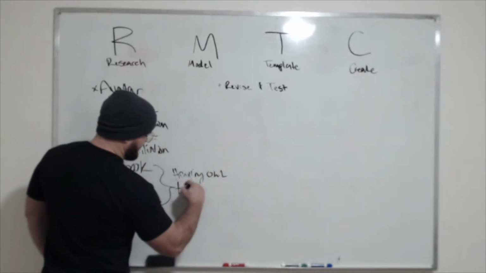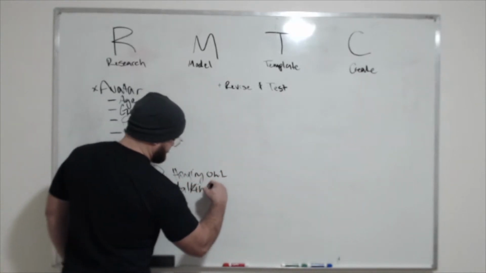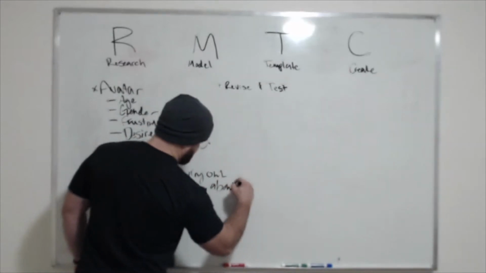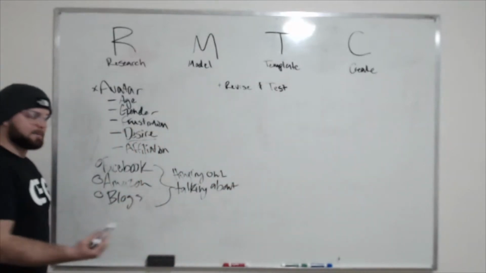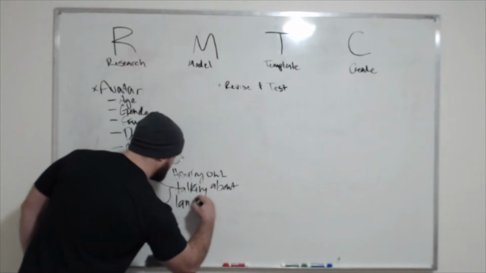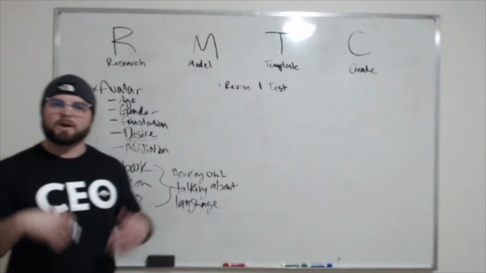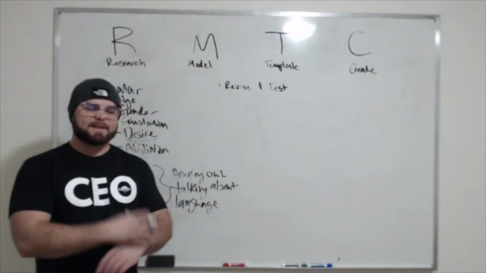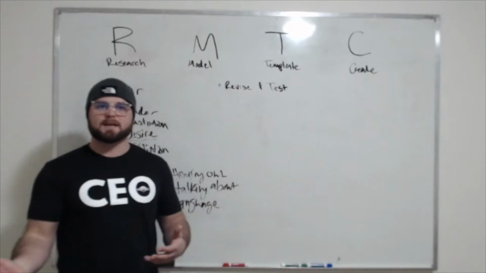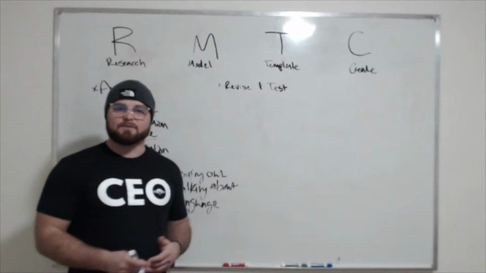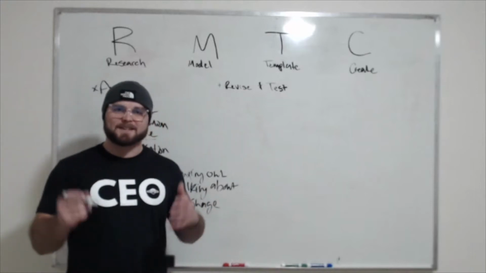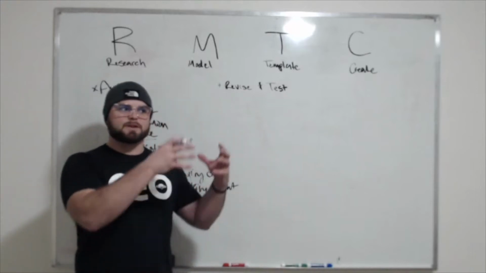What are they talking about? What is their language? How do they talk? What are they concerned about? When they talk to other people in the review section, or when they leave reviews, you can literally get their frustrations with the product.